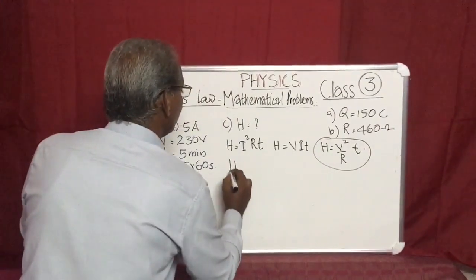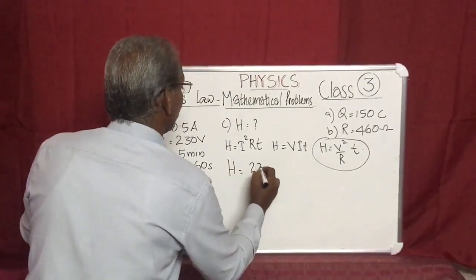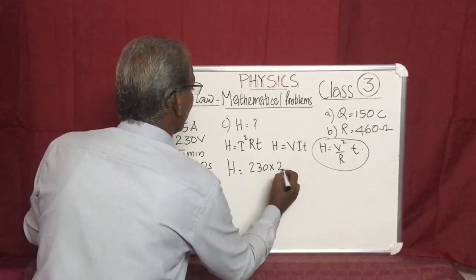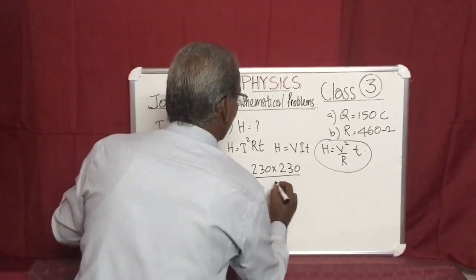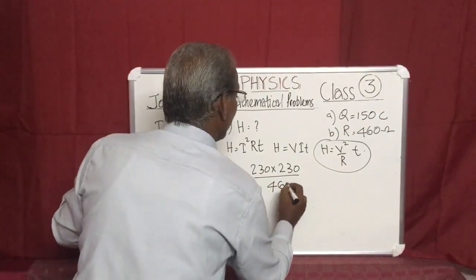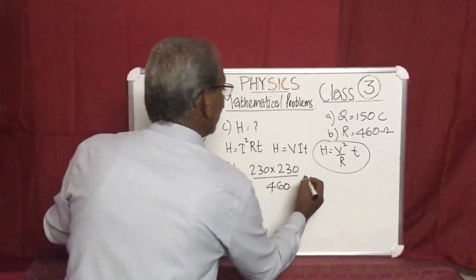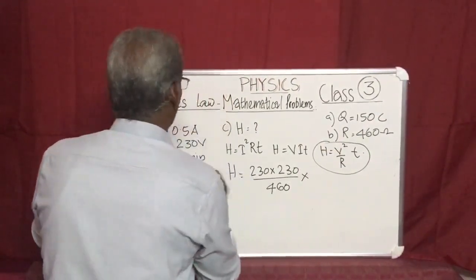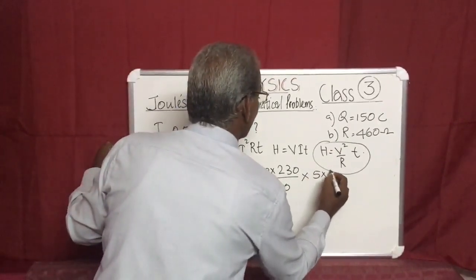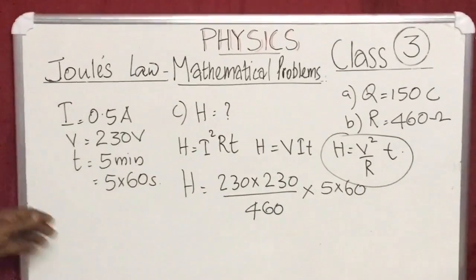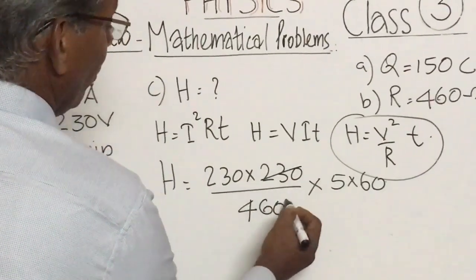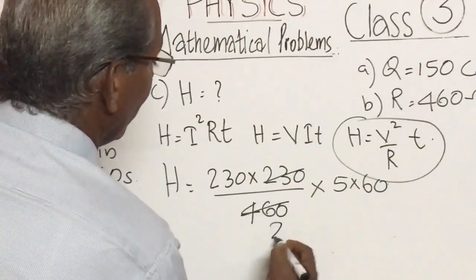So here H is equal to V square, 230 into 230, by R, which is 460, that we calculated in the second part, into time, that is 5 into 60. So easy for you to calculate. 230 and 460, 2 times.